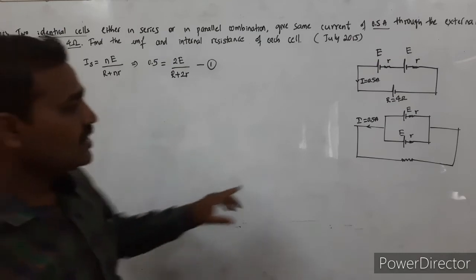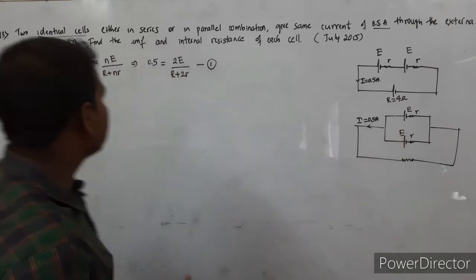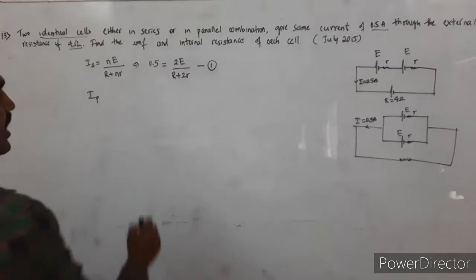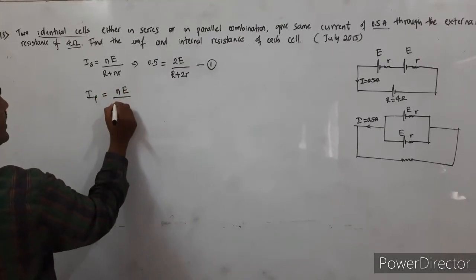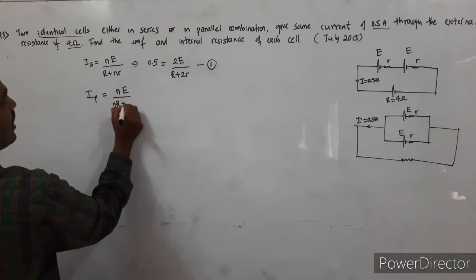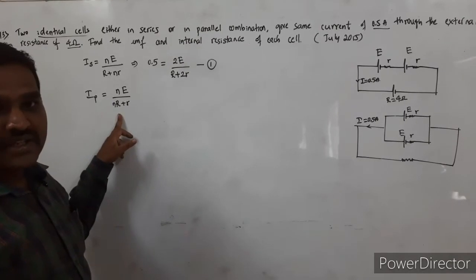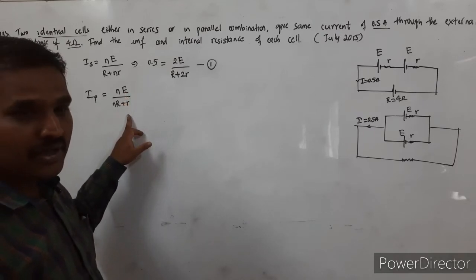Similarly, when n identical cells are connected in parallel combination, we have the equation for the current: I_p is equal to nE divided by nR plus r. This is the relation for electric current flowing through the circuit when n cells are connected in parallel combination.